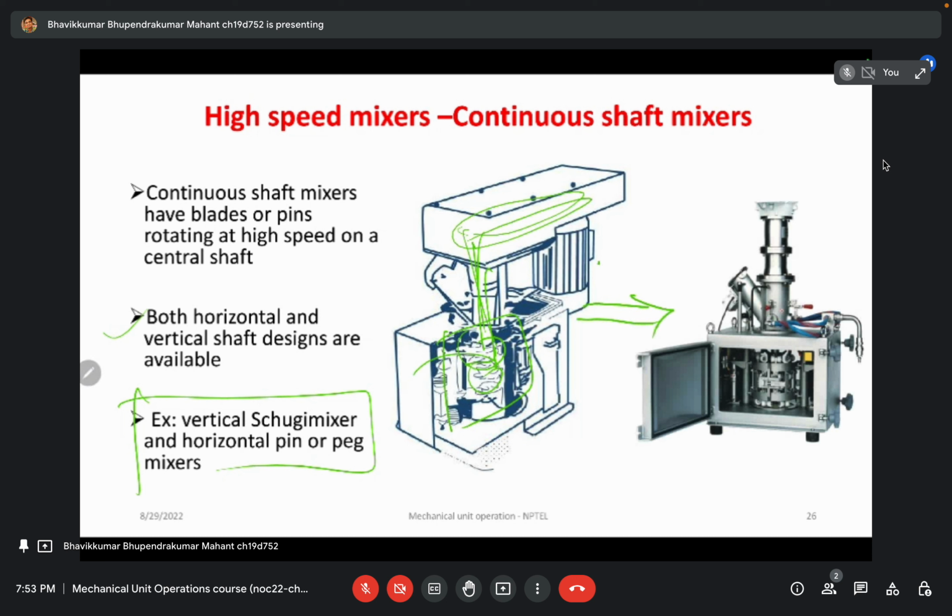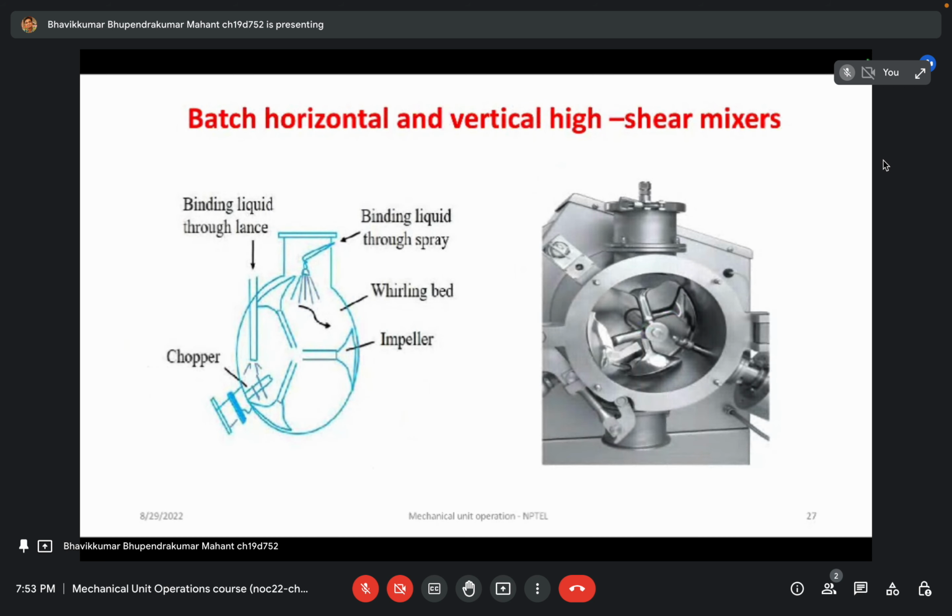This is a schematic, and this is a picture of the Schugi mixer. This is the whole mechanical motor system, and this is the part where very high speed mixing is provided, where you can get the final granulation process.